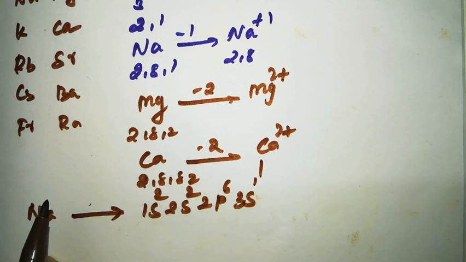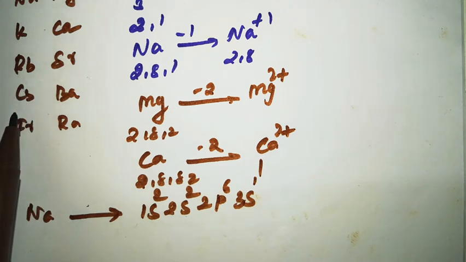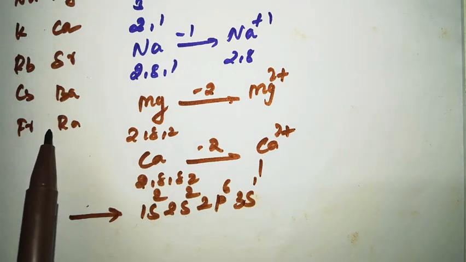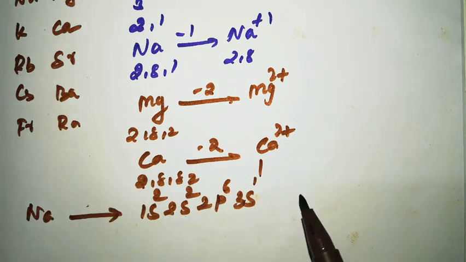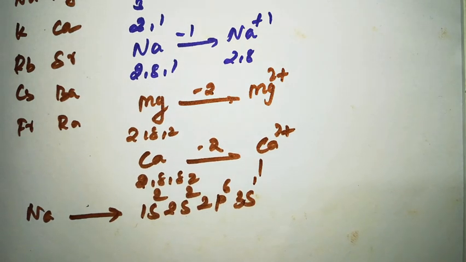Similarly for potassium, as the atomic number increases, the number of orbitals also increases, and the same for rubidium, cesium, calcium and magnesium.